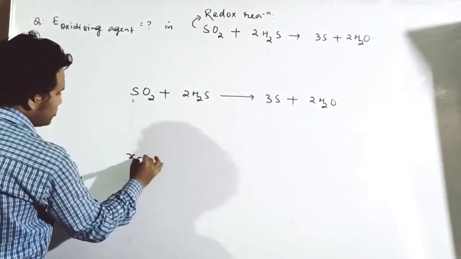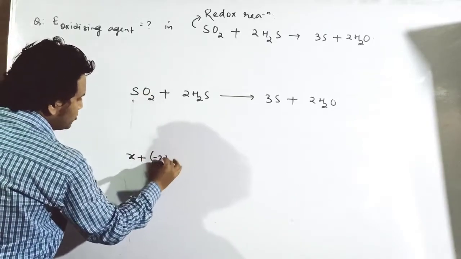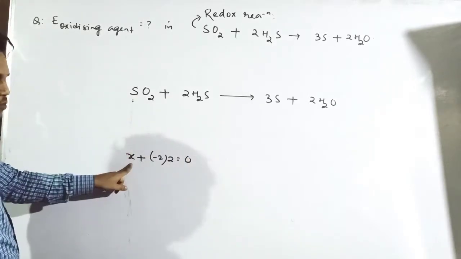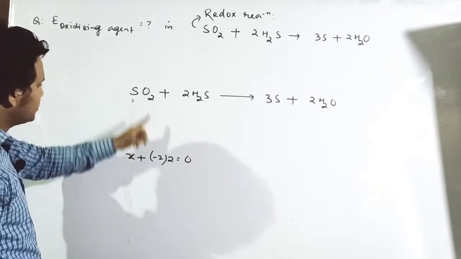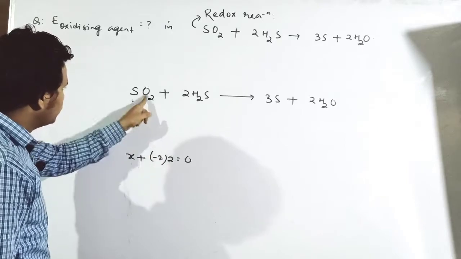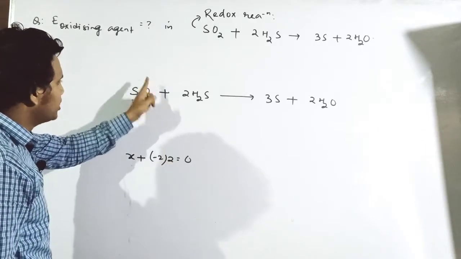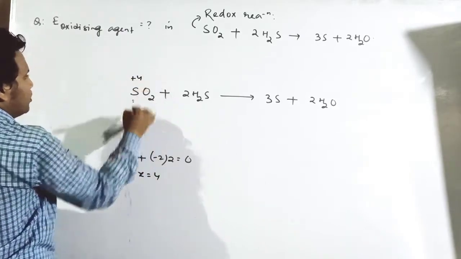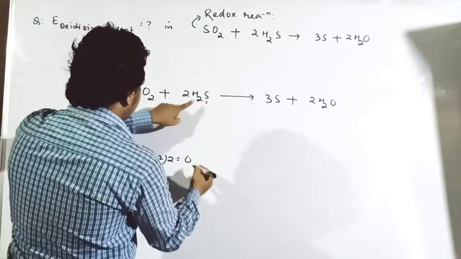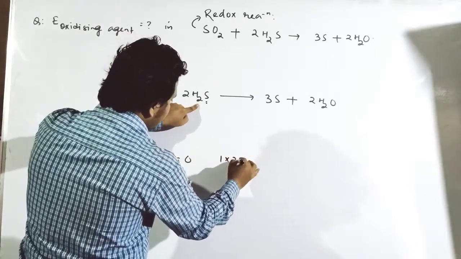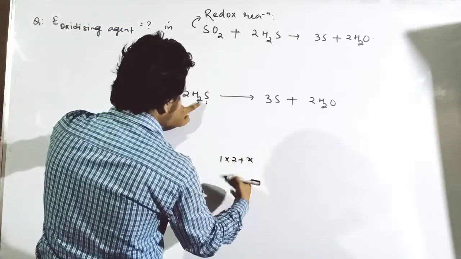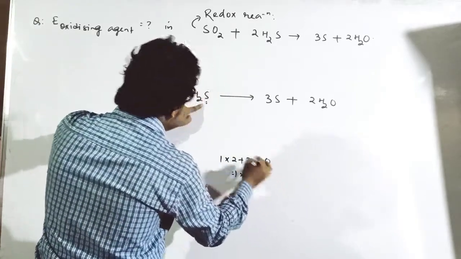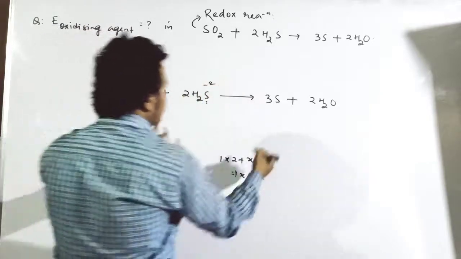Let the charge be X. Oxygen has charge -2, so X plus 2 times -2 equals 0, and X is +4. Now in H2S, hydrogen has +1, so 2 plus X equals 0, and X is -2. So sulfur has the charge -2.